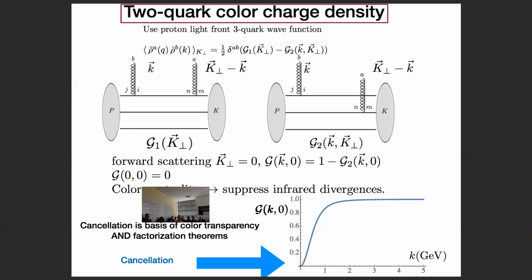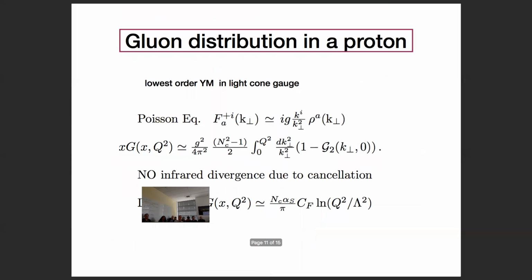Right. And then you just have a KT much larger than the soft KT. So in this regime, you just use 1 and you're happy. But if you're in the infrared regime, then you're not so happy doing that. Then you have to deal with that.